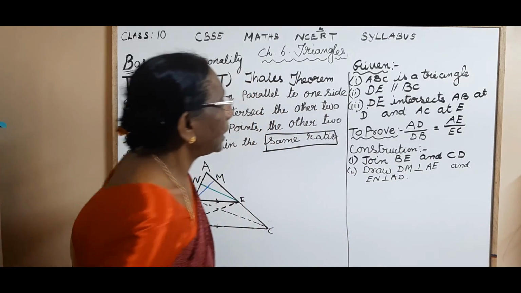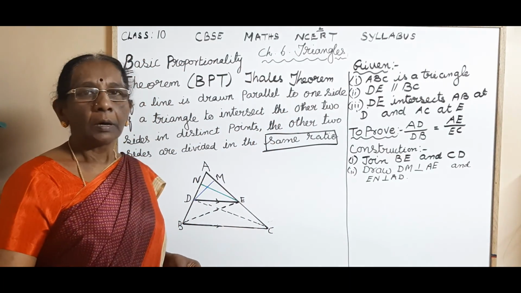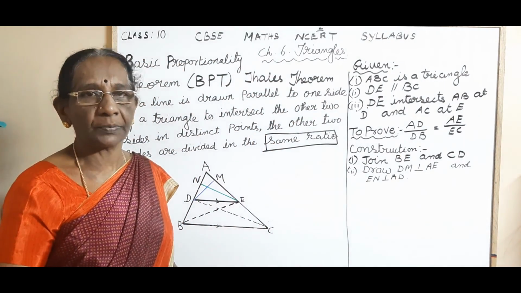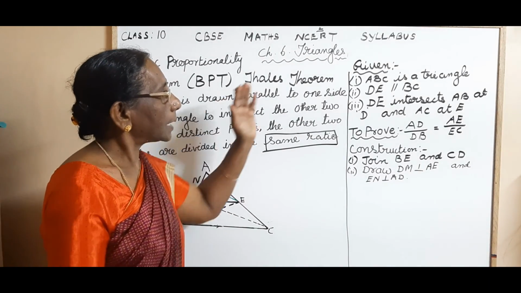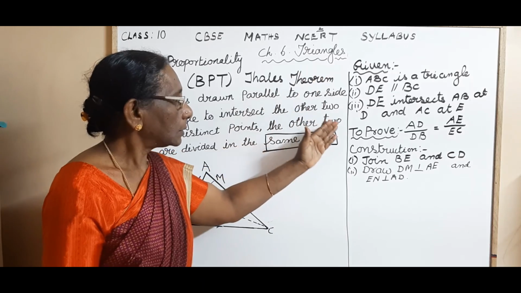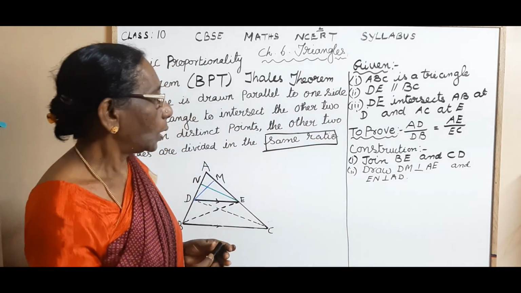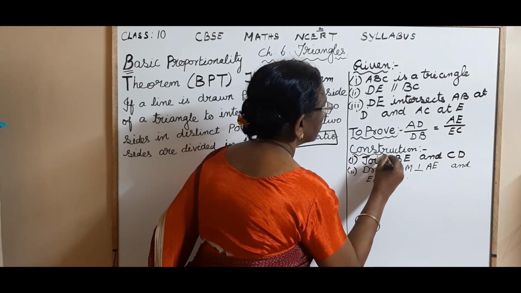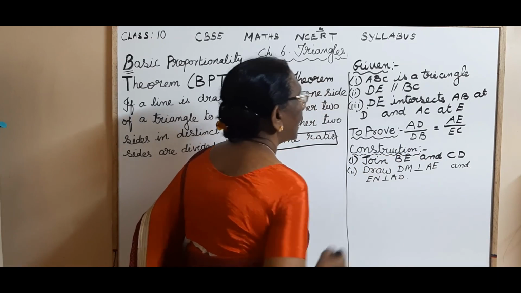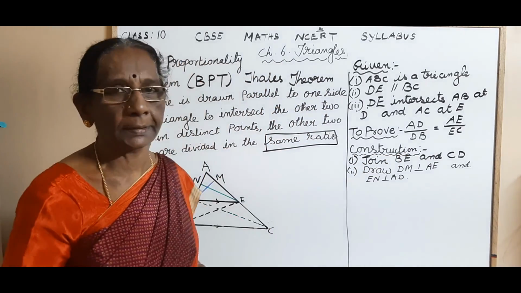Is it clear, children? So we have written the 4 steps: first figure, second given, third to prove, fourth constructions. I think you might have understood up to this.